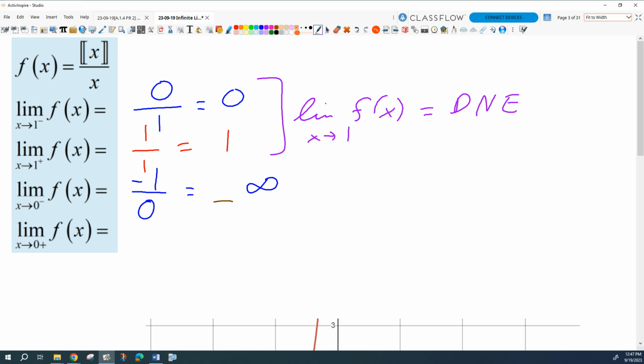Well, as x approaches 0 from the left, yes, it's approaching 0, but it never gets there, right? So what kind of numbers actually appear on the bottom? Very small. What sign? Negative, right? Because we're approaching 0 from the negative direction. So we get small numbers like negative 0.0001 or something like that, right?